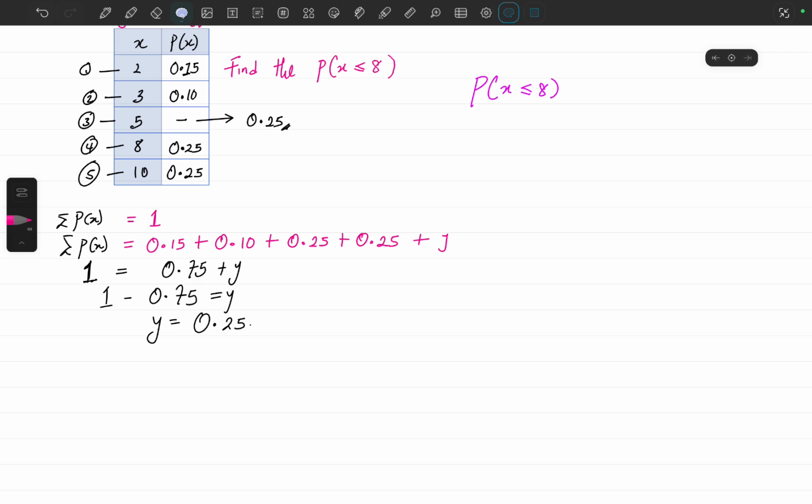So the numbers that are less than or equal to 8: either this number is 8, because of the equal to sign, so 8 is also part of it. It's either this number is 8 or 5 or 3 or 2. Now, "or" in probability definitely means addition.